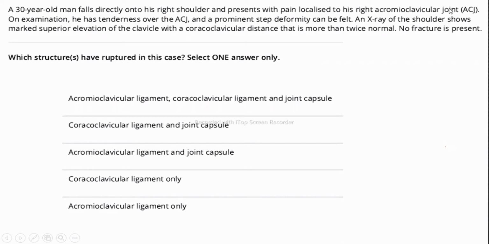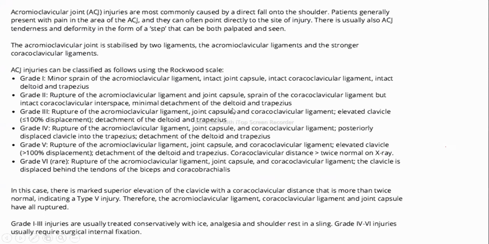So which structure has ruptured in this case? Number one. Okay, so the acromioclavicular ligament, coracoclavicular ligament, and the joint capsule. So be familiar with the grades.